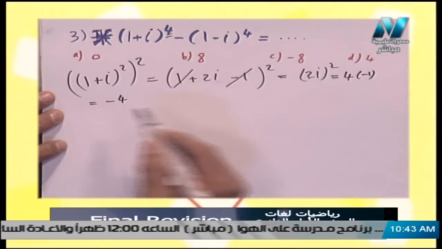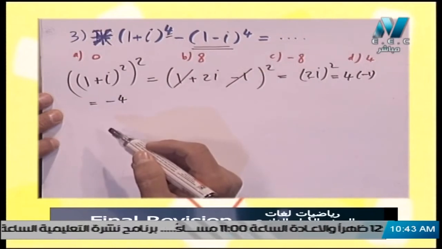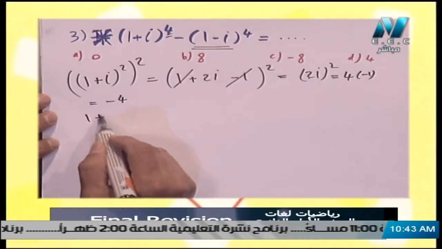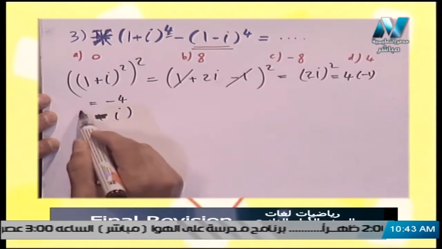Okay, and we will find out this part also: (1 minus i) all power 4.